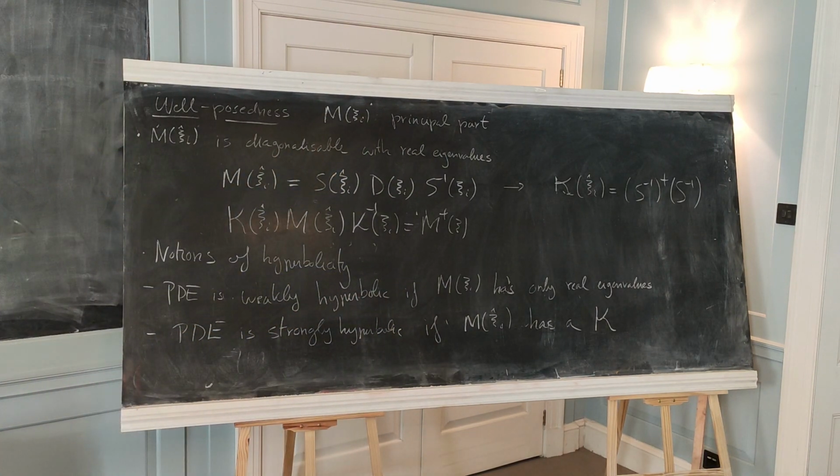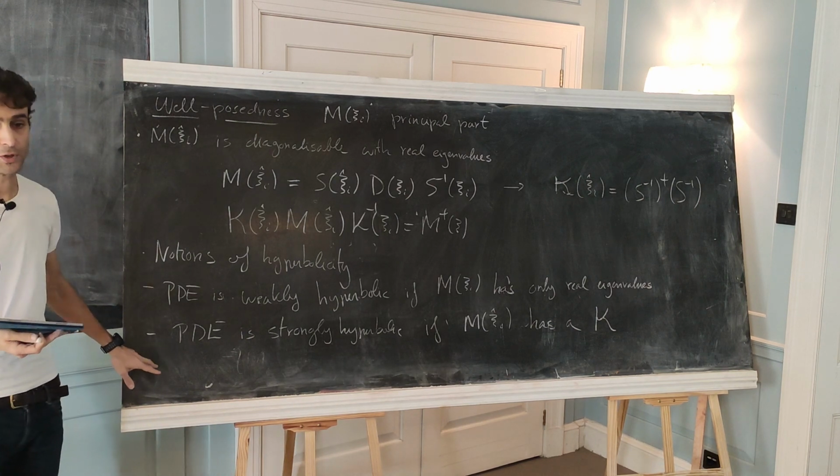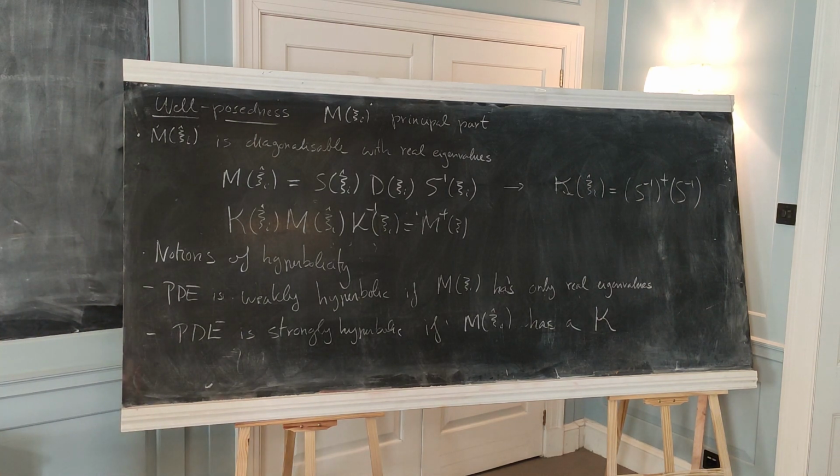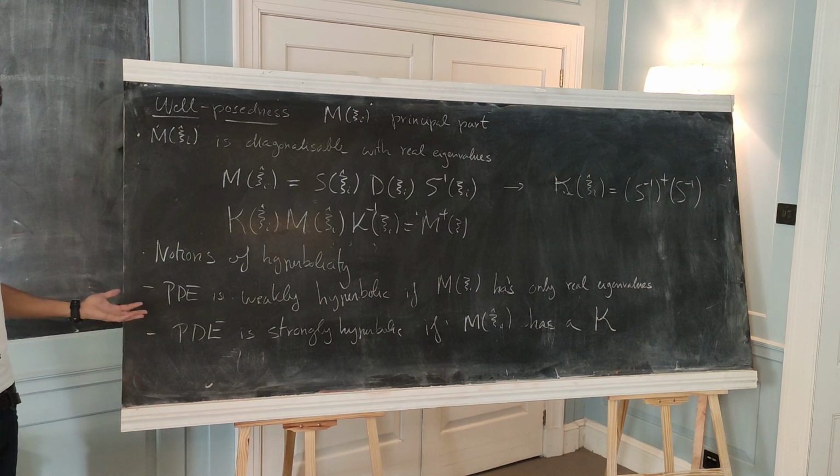Strong hyperbolicity is sufficient for well-posedness for nonlinear equations. Weak hyperbolicity is not, and the ADM equations that we wrote earlier today are only weakly hyperbolic. And in the physics community, trying to do numerical evolutions of general relativity, for many years they just kept using the ADM formulation because that's very obvious and it's easy to implement.